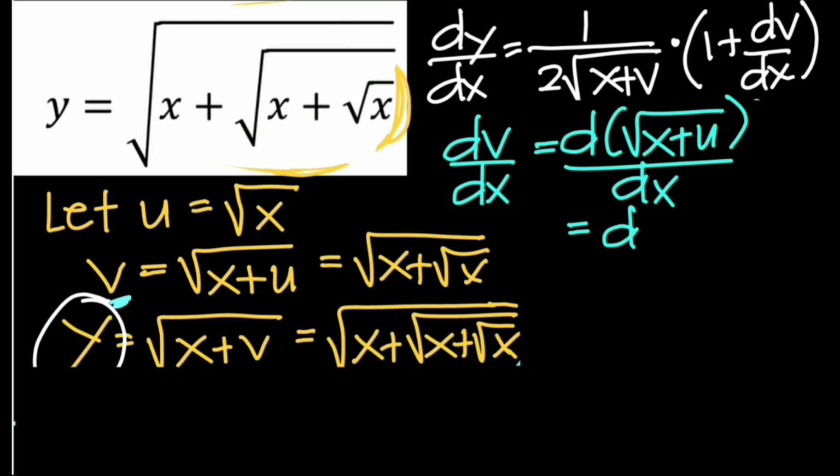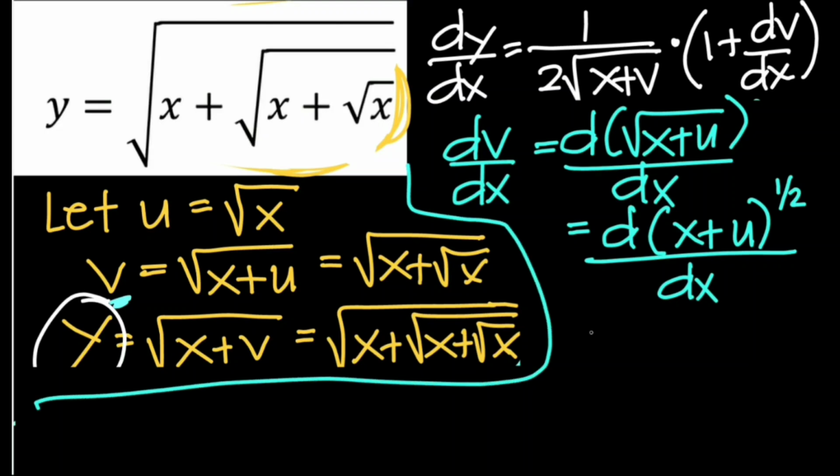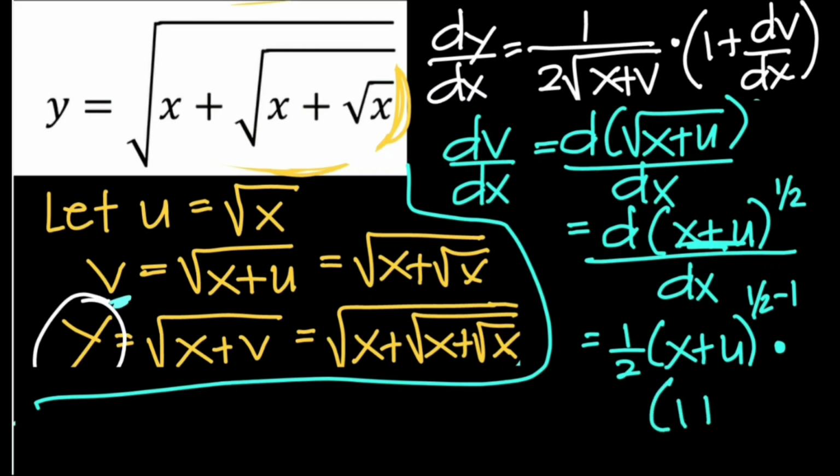We can write the square root of x plus u as x plus u to the 1/2 over dx. The derivative of that is 1/2 times x plus u to the 1/2 minus 1, times the derivative of the expression inside the parentheses. That is, the derivative of x is 1 plus the derivative of u, which is du over dx.